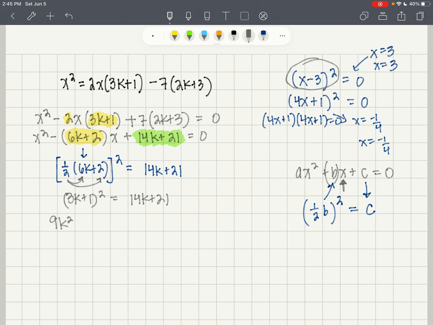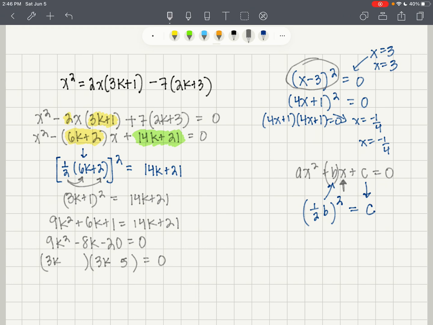That's 9k squared plus 6k plus 1 when we expand it, equals 14k plus 21. I'm going to solve this by subtracting 14k from both sides, subtracting 21 from both sides, and now I'm going to try and factor this trinomial. I'm going to go with 3k and 3k. I'm going to go with 4 and 5. I'm not sure if this is going to work. 12 and 15, that is not going to work.